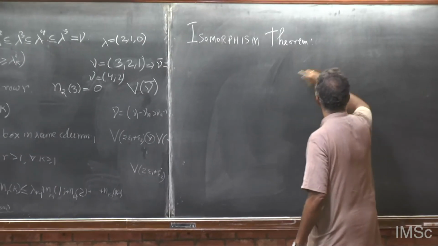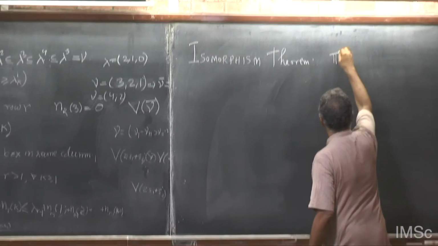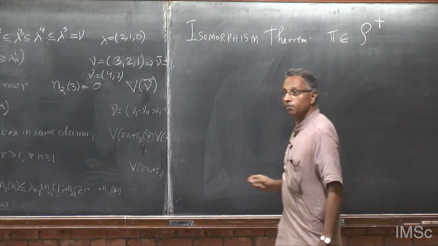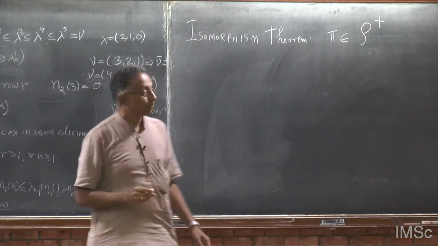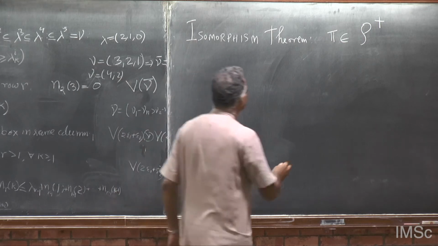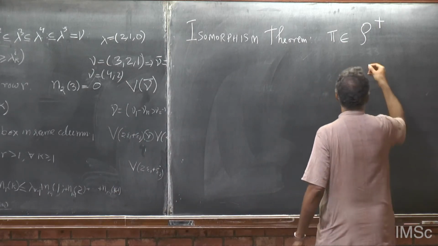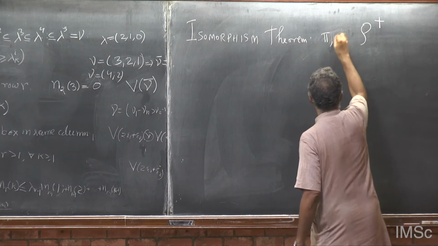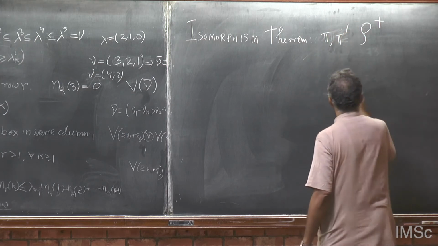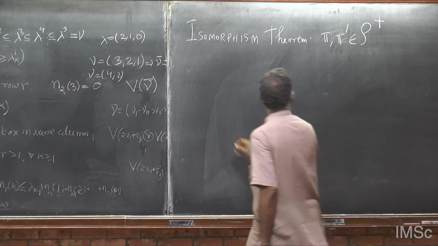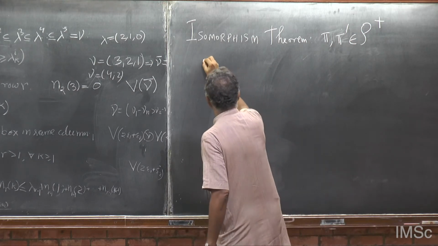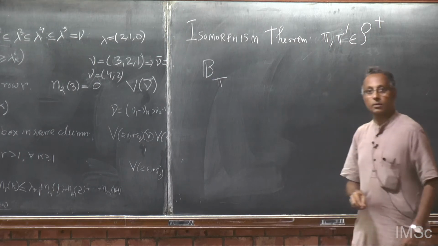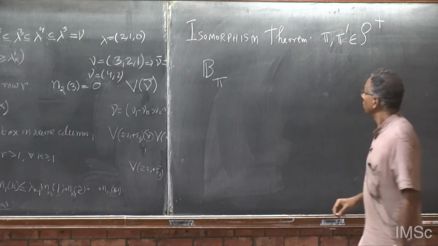So what is this? So I choose my paths pi and pi prime in P plus, and look at B pi. What is this?